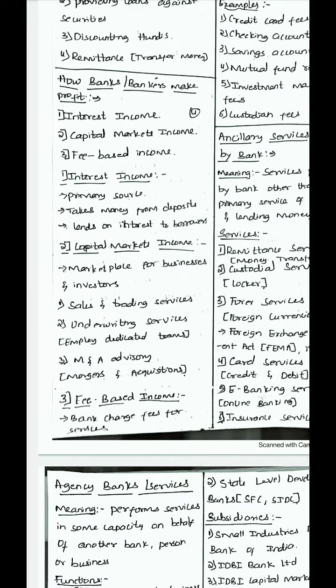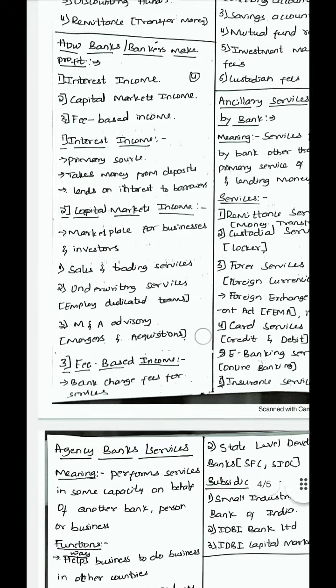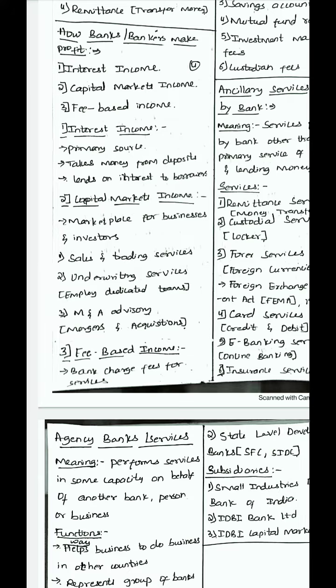The next is capital markets income. The next source of profit for bankers is capital markets income. It is a marketplace for businesses and investors. What the bank does in this is they help businessmen and investors invest. They provide sales and trading services.